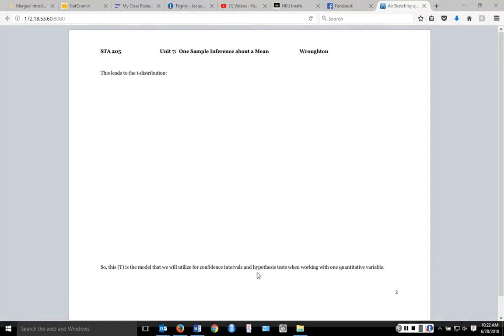So we're going to start by looking at a picture of the T distribution. But to understand how it's different, we're going to start with our Z distribution. So Z here I'm going to draw in black. Our Z distribution has a symmetric, bell-shaped looking curve, and it was centered at 0.